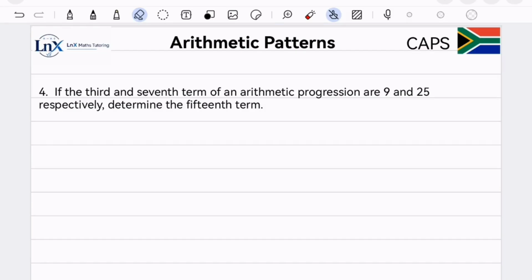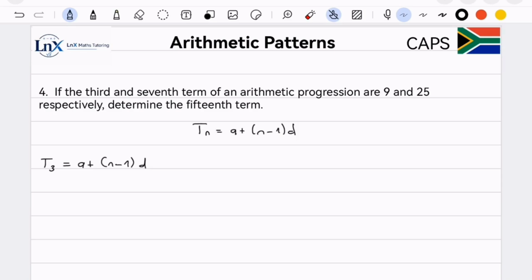Alright, so as you know, for any arithmetic progression, our general term is Tn equals a plus n minus 1 multiplied by d, right?